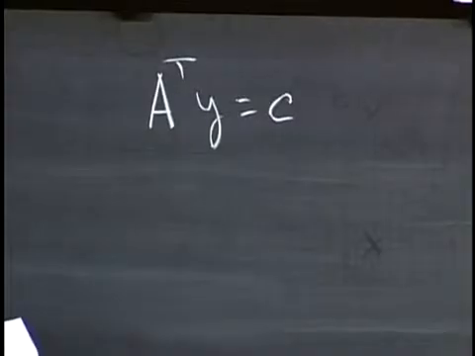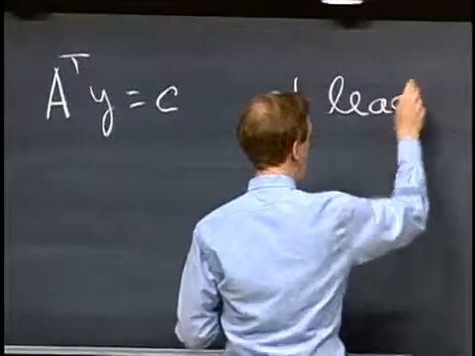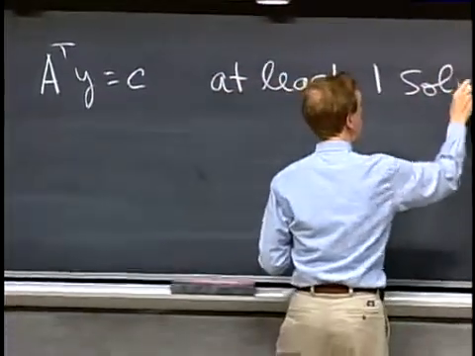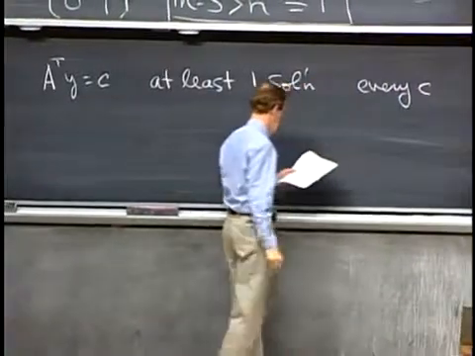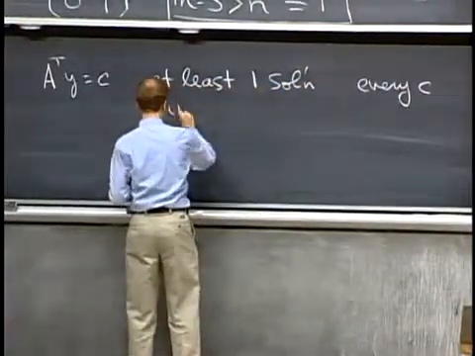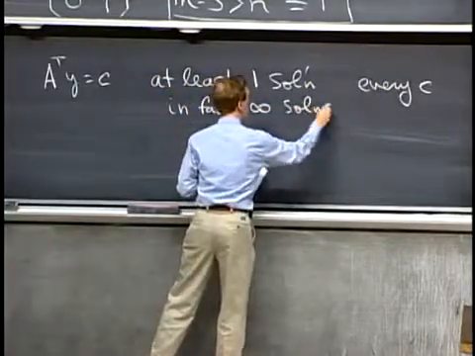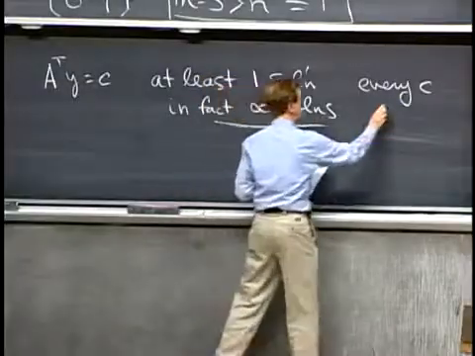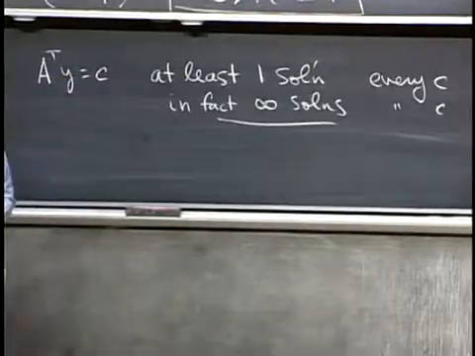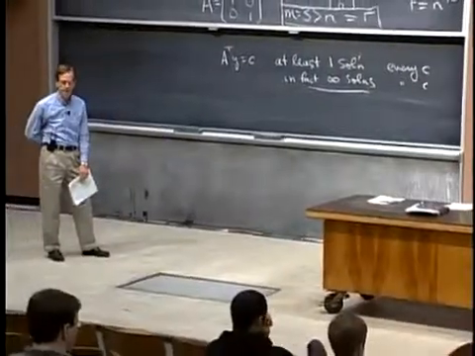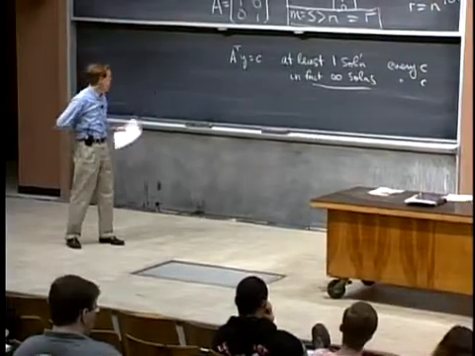And I want you to prove that it has at least one solution for every C, every right-hand side C, and in fact, infinitely many solutions for every C. Okay. Well, none of this is difficult, but it's been a little while, so we just have to think again.